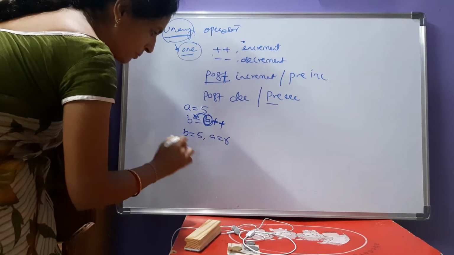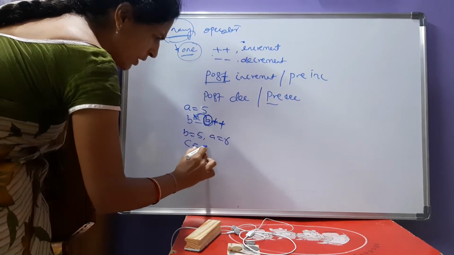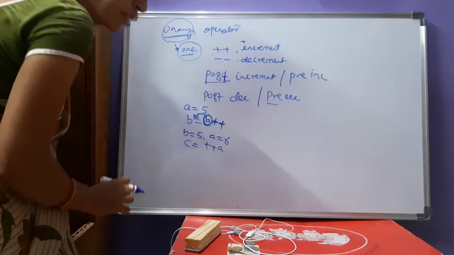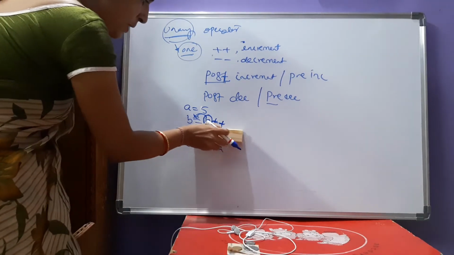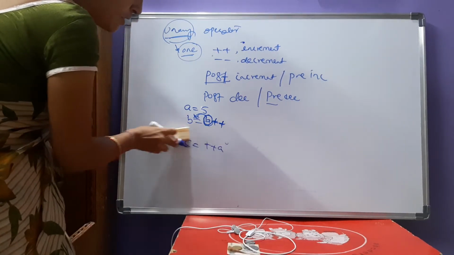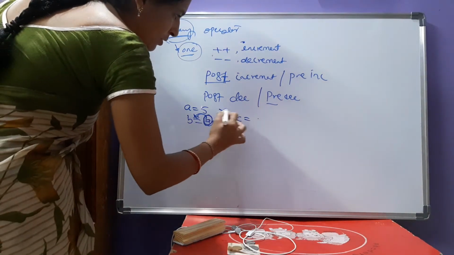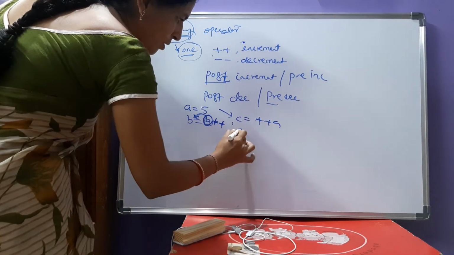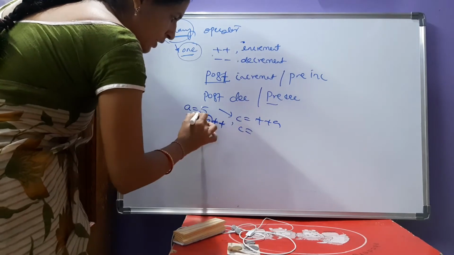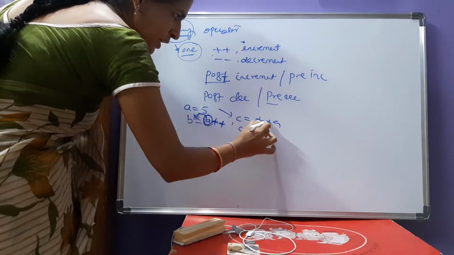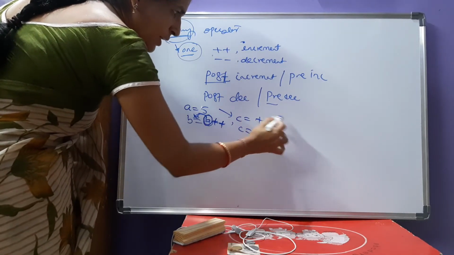Suppose here c equal to plus plus a. Now c equal to what? Here a is 5, first increment, and after that assignment.